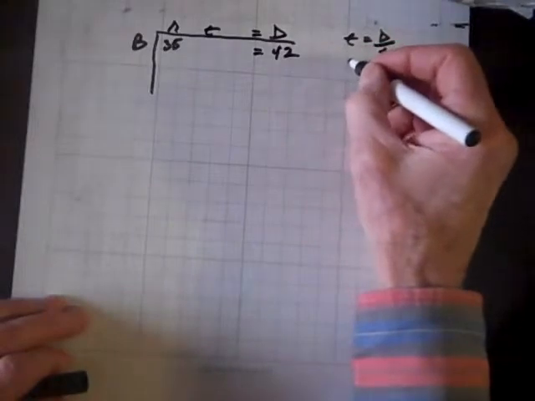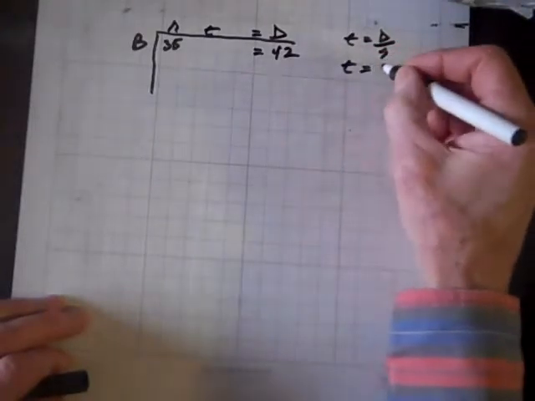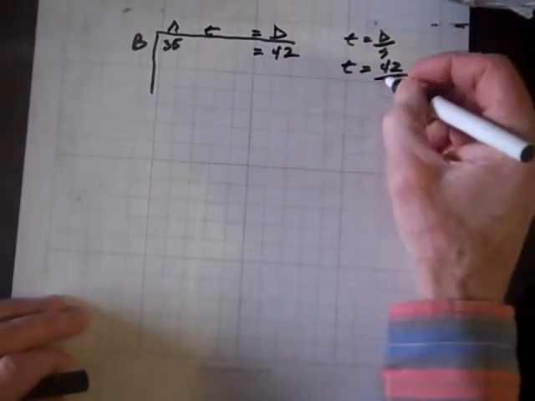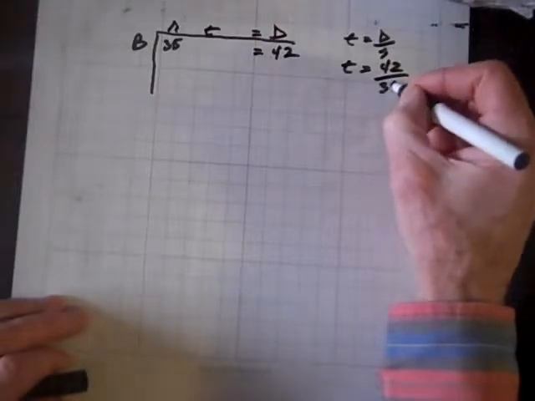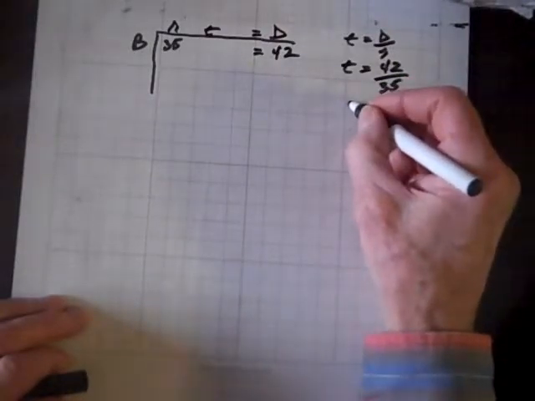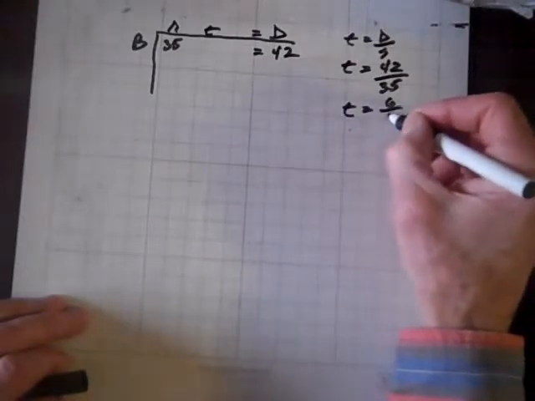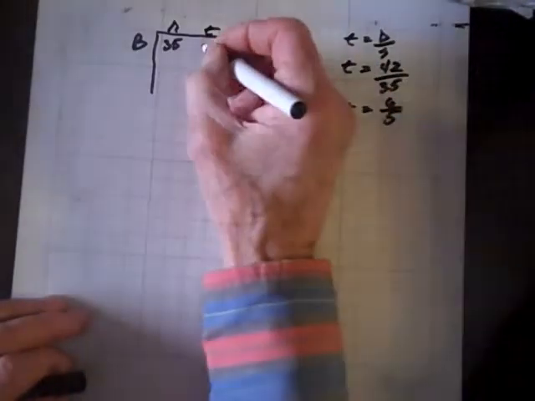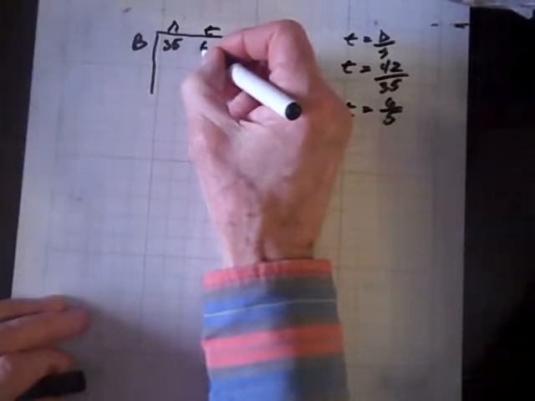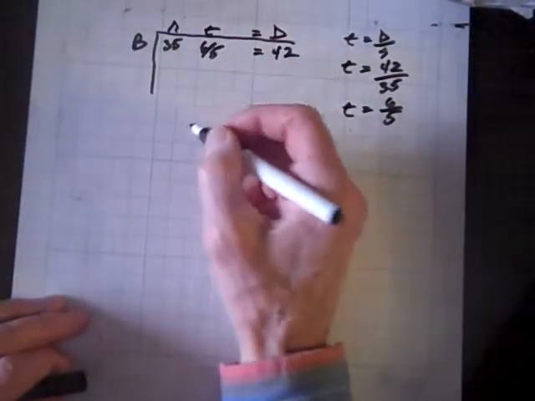So their time is going to be 42 divided by 35, and since 7 is a factor of each, that will reduce to 6 over 5. So their time is 6/5 hours.